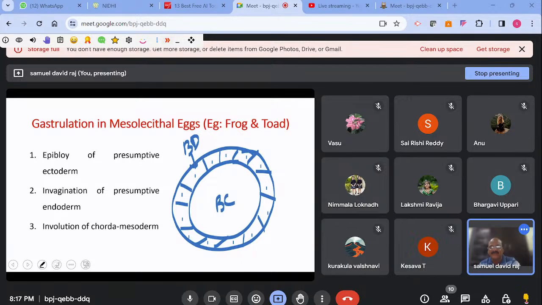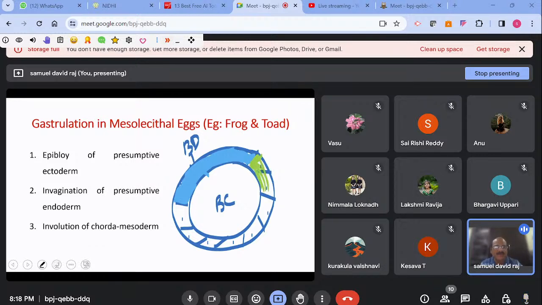Why? Because here there are cells which can give rise only to the epidermis of the body wall, which we call, can anybody tell me what this is called? This is called somatic ectoderm.